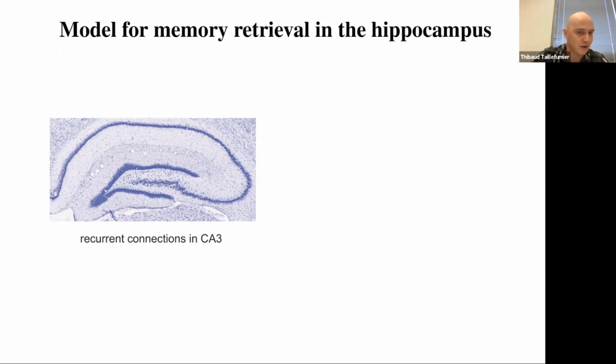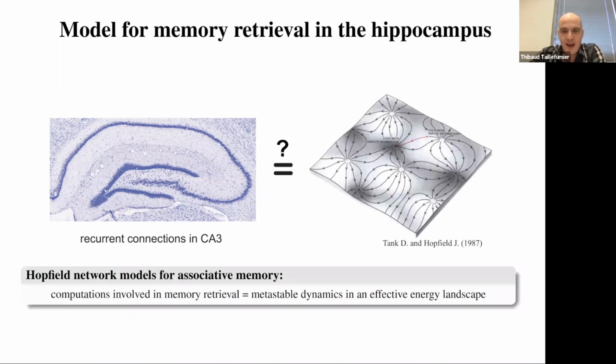there are networks of neurons, and those neurons exhibit a very high degree of recurrence. This idea motivated people to say, okay, maybe the business of these neurons that are involved in highly recurrent networks is to actually form a high-dimensional energy landscape. So it's an effective representation. And this high-dimensional energy landscape encodes memories as minima.